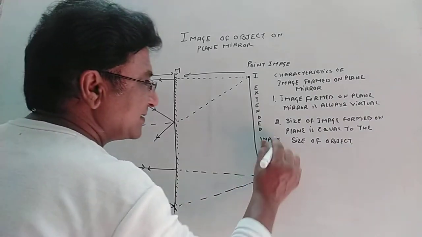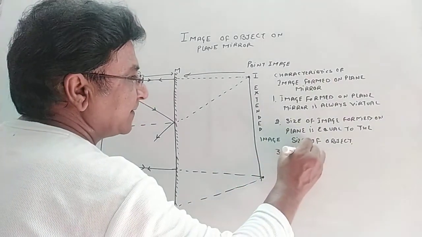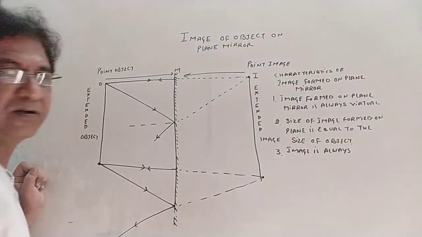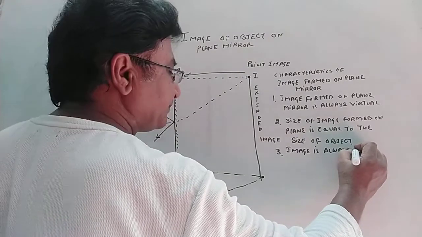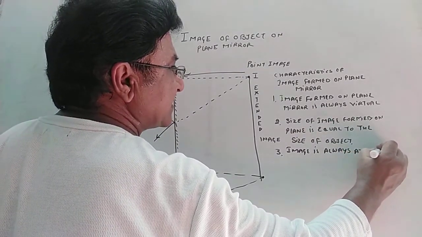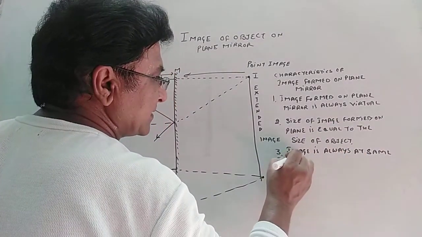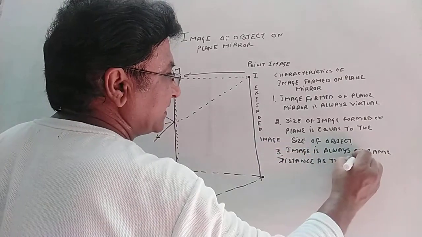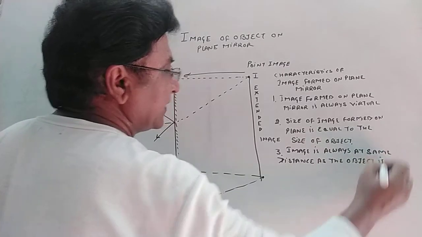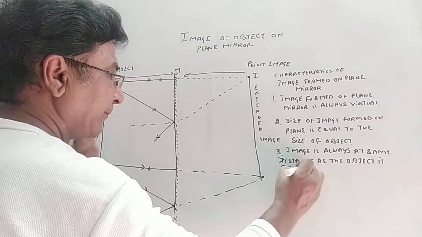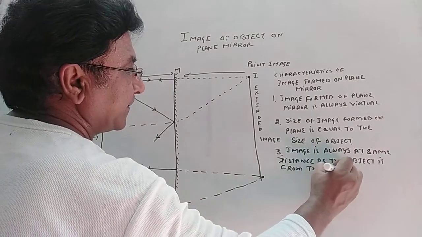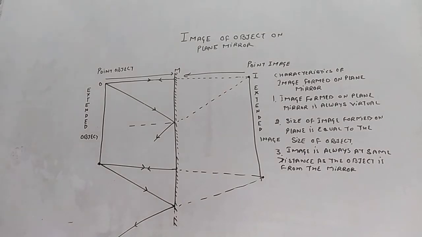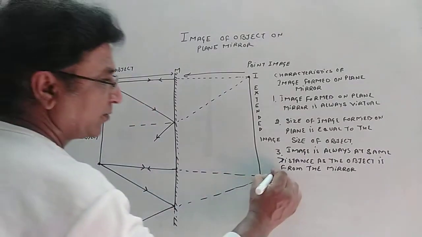So the third property is: the image is always at the same distance as the object is from the mirror. Remember that.